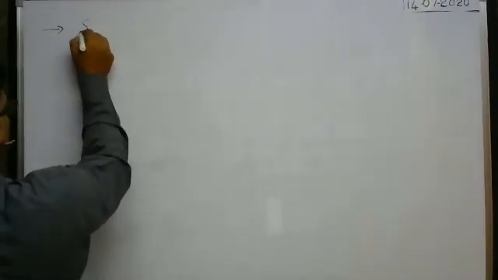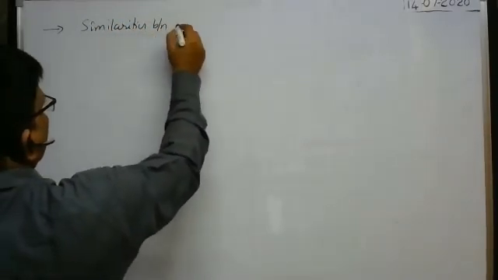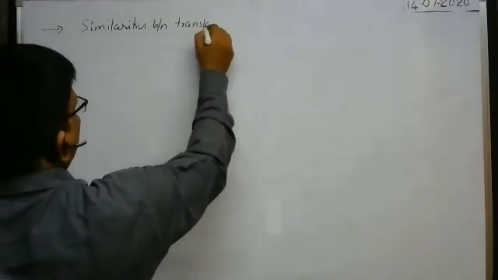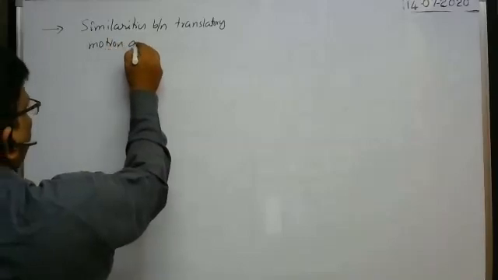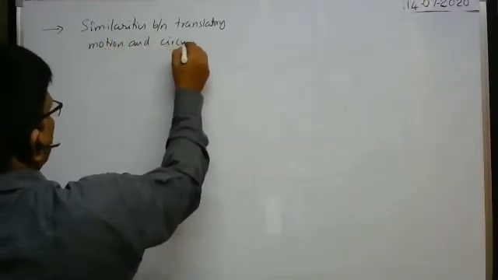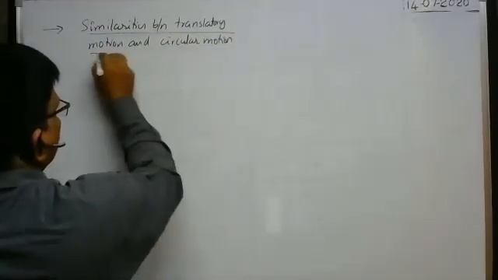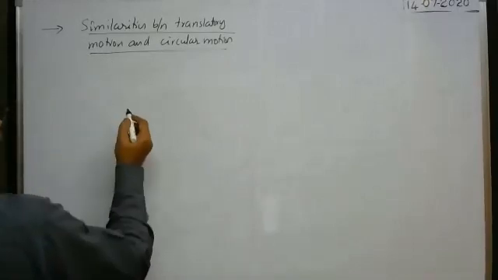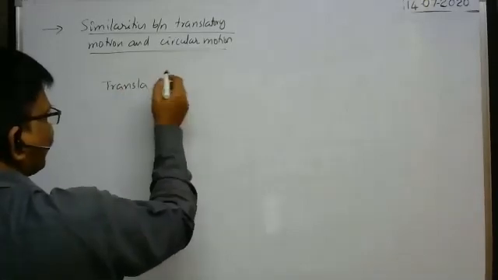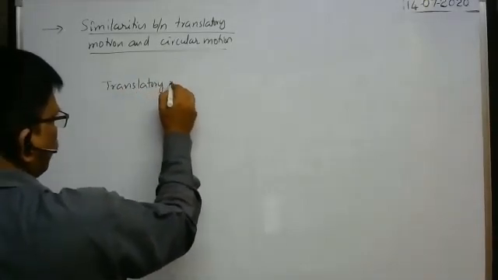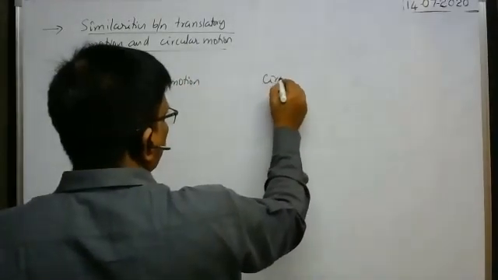Analogy or similarities between translatory motion and circular motion, or rotating motion, whatever it may be. First, translatory motion means the body moves along a straight line path. Such motion is called translatory motion. Here, rotating motion or circular motion.